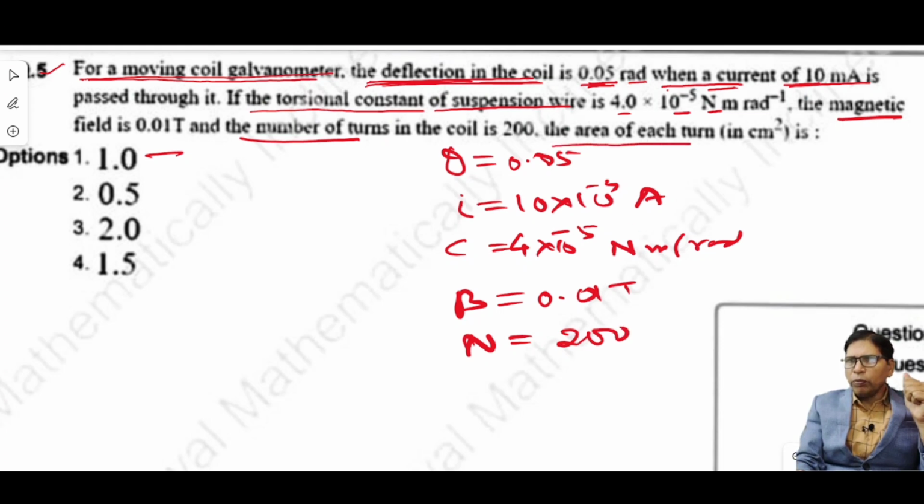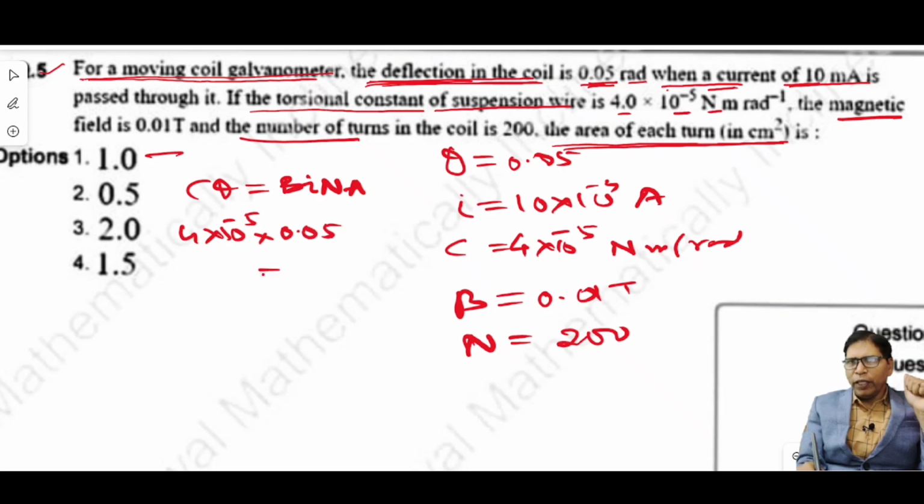Now the area of each turn. You know C theta equals B N I A. Now C is 4 into 10 to the power minus 5, theta is 0.05, B is 0.01, I is 10 to the power minus 2, N is 200.